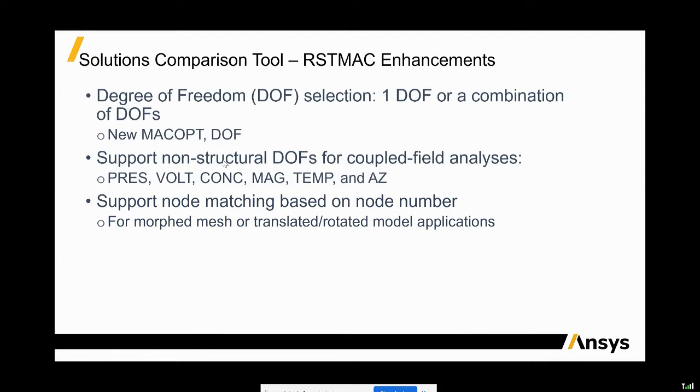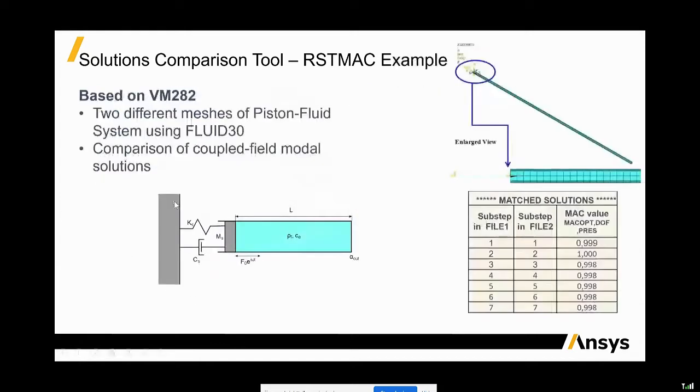And the support node match, it does support the node matching based on node number. So if you're morphing the mesh or translating the mesh, rotating it, as long as the numbers stay the same, it'll work just fine. So here's an example of it.